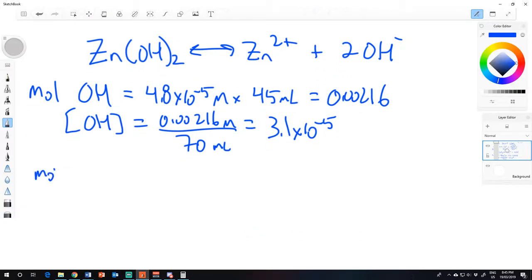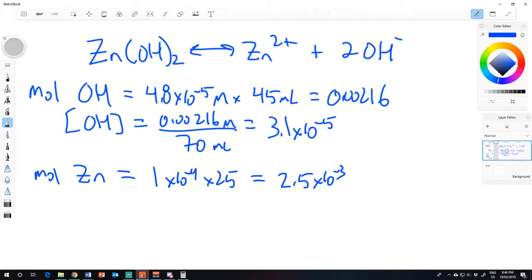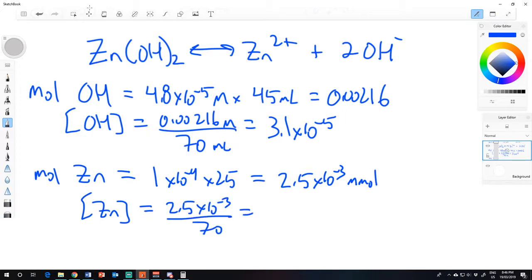So, moles of zinc. Yeah, moles of zinc would be its concentration of 1 times 10 to the negative 4 times 25. So that's 2.5 times 10 to the negative 3 millimoles. Concentration of zinc, 2.5 times 10 to the negative 3 over 70.